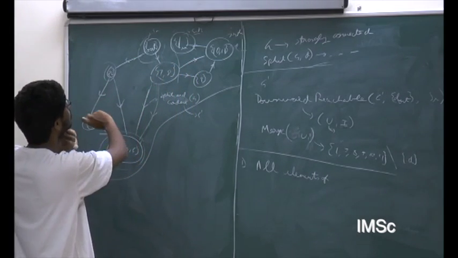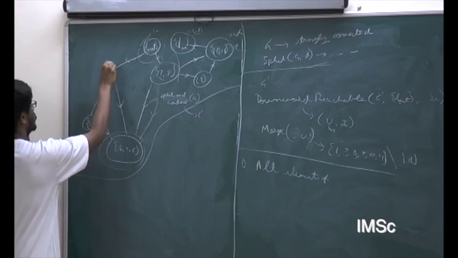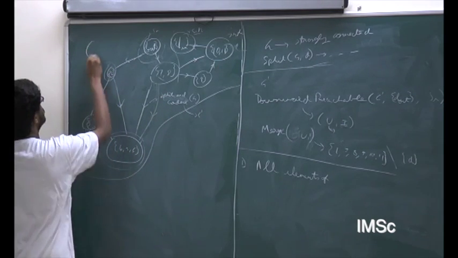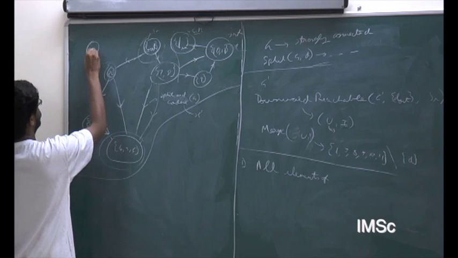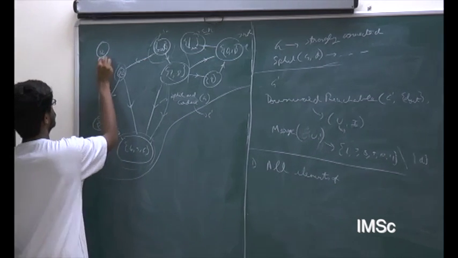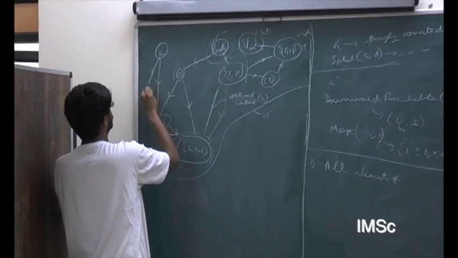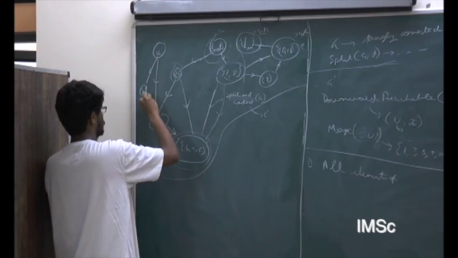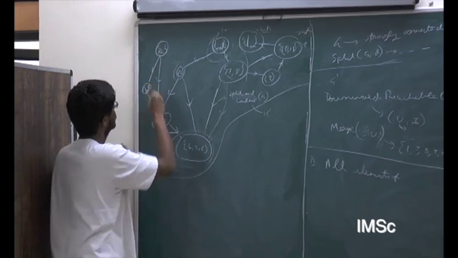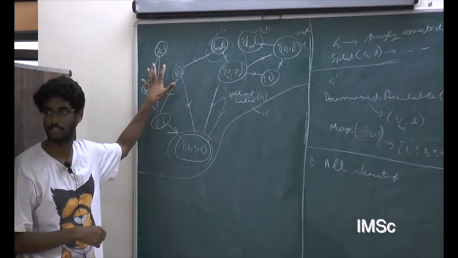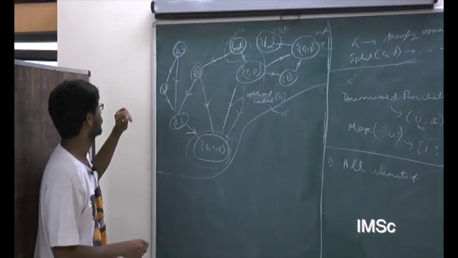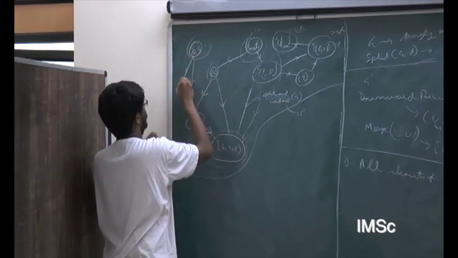Let's have some other sources that will make life easier. Suppose I had this extra source here, 12, which goes to 13, which goes here. So the SCC here is just 12 and 13.